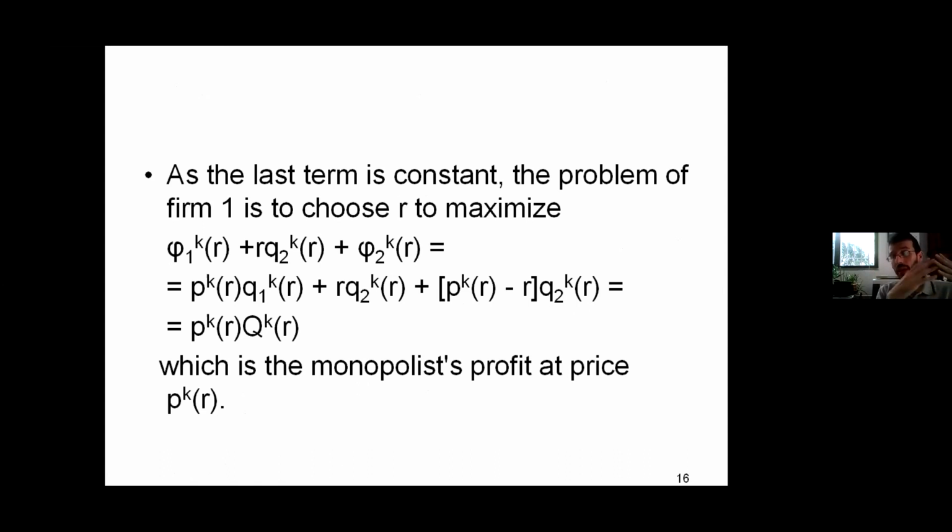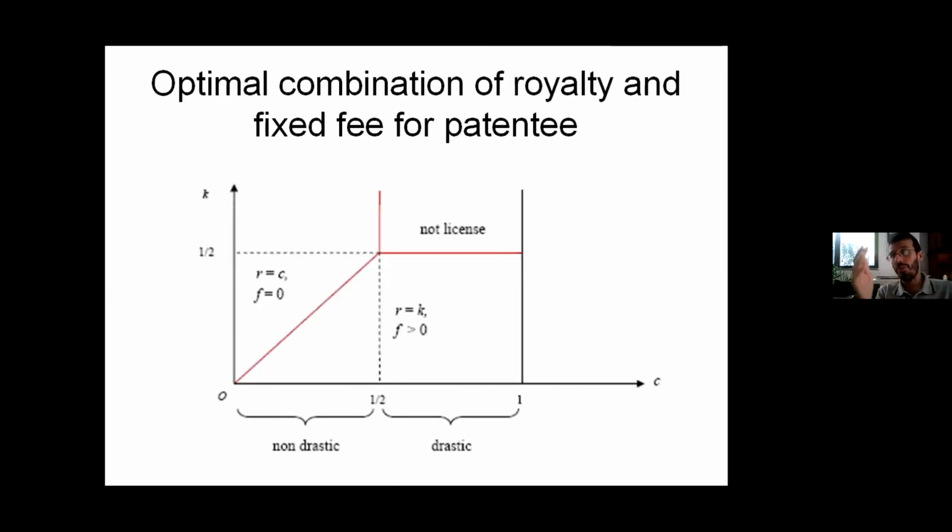So in the case of an optimal combination of royalties and fixed fee, the problem of the patentee turns out to be choosing the royalty R that maximizes the monopolist profits. By using this rewriting of the patentee profits, it can be shown that the optimal combination of royalty and fixed fee for the patentee has the following shape.